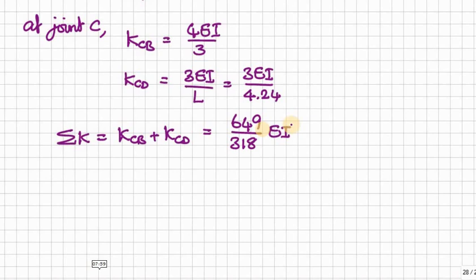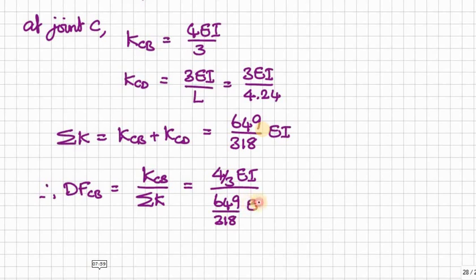Now, we can calculate distribution factor for each member. So, DFCB is equal to KCB divided by sigma K, which is equal to 424 over 649.